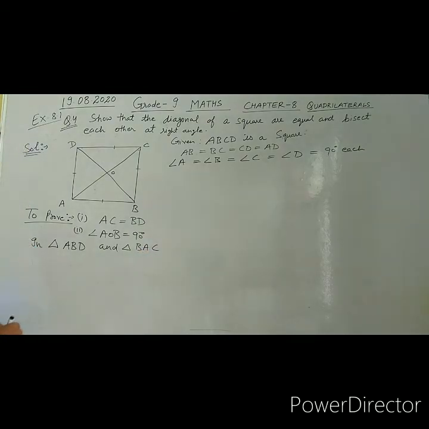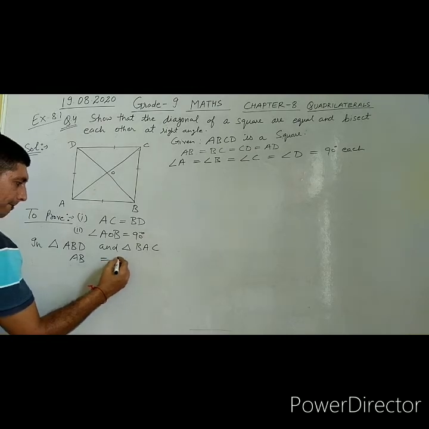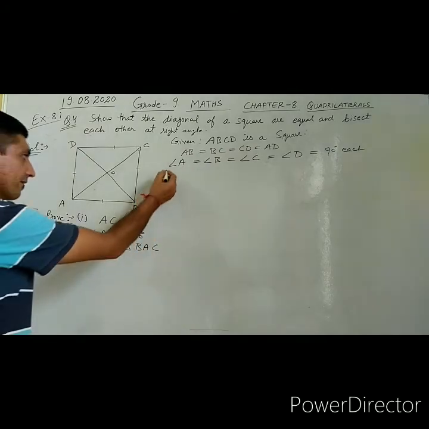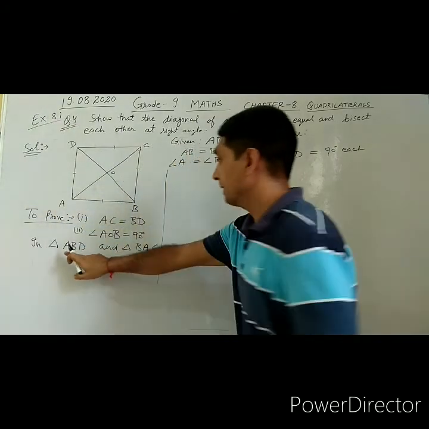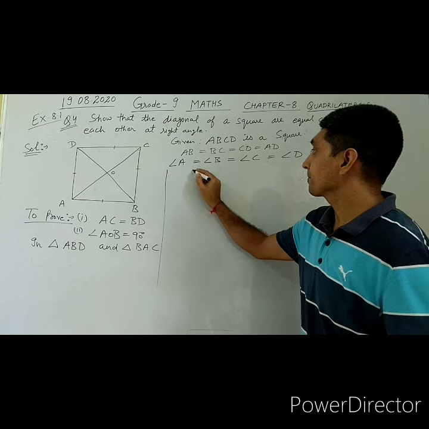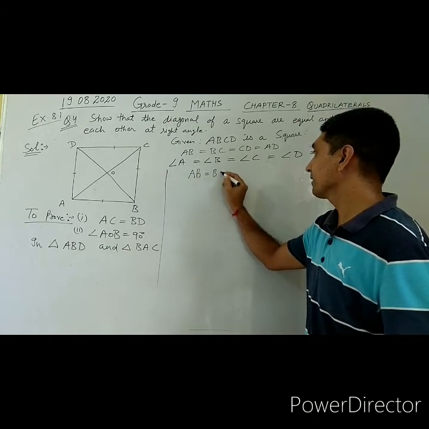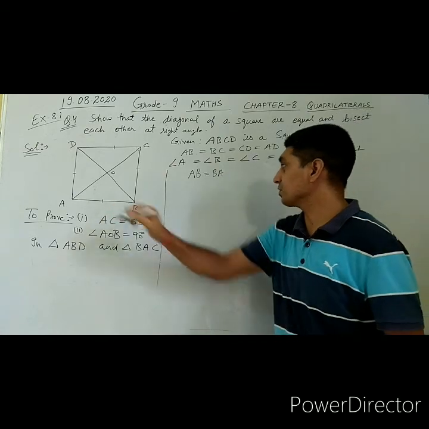So in these two triangles, what do we have? First, AB is equal to BA, the common side.